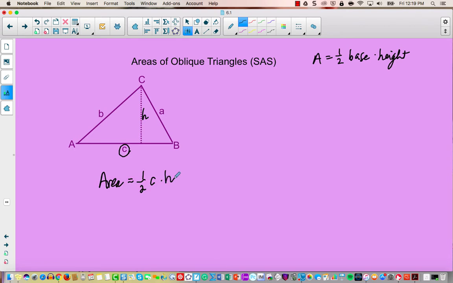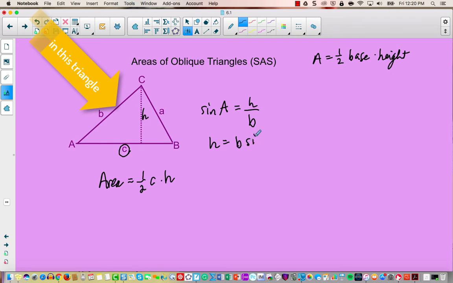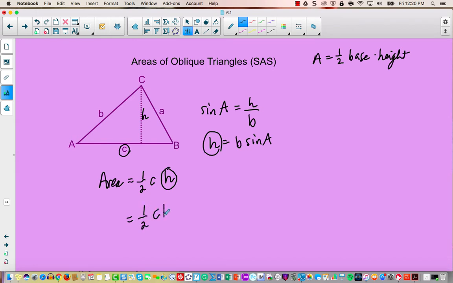But using some elementary trigonometry, I can see that the sine of angle A is h over b, which makes h equal to b times the sine of A. And if I substitute that h into my area formula, I get the result that area is 1/2 CB sine A. And if you examine the parts involved, C, B, and A, you can see that I've found a formula for the area of any triangle, if I know two sides and the angle between them.